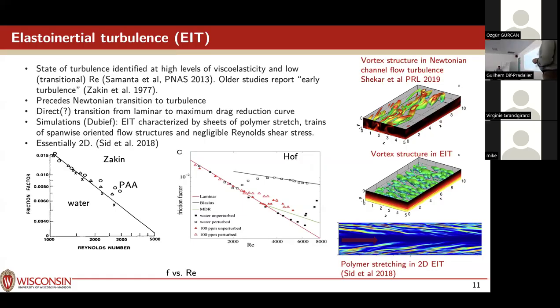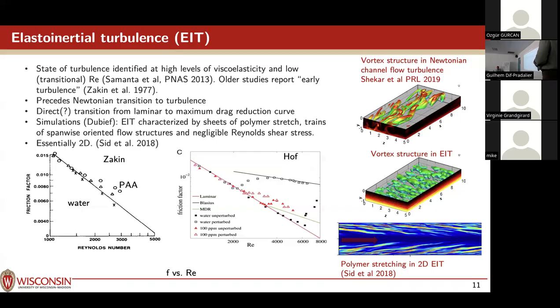From the experimental point of view, they did some very careful studies that showed an instability, seemingly a linear instability, and I'll come back to that, of the laminar flow that was leading directly to this maximum drag reduction asymptote. So actually experimentally, Jack Zakin and others had observed something very similar many, many years ago.